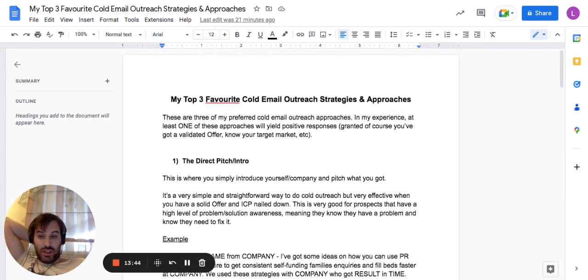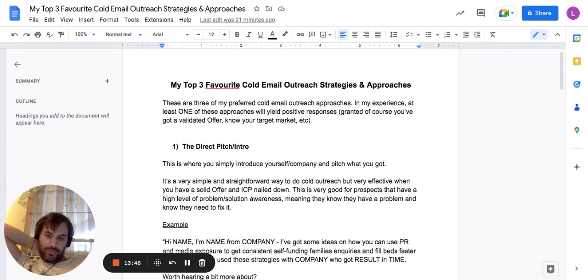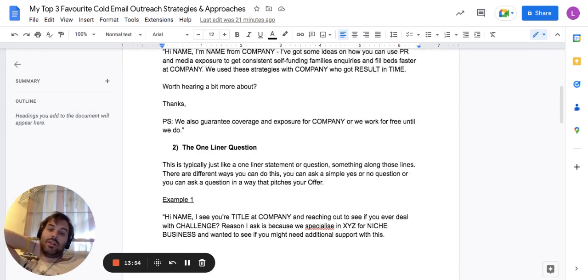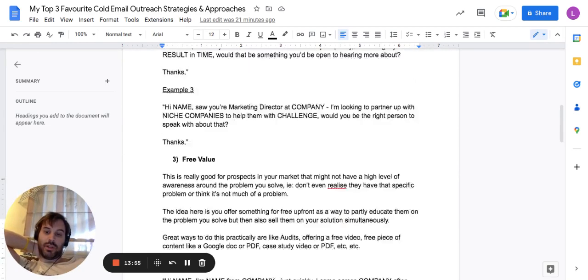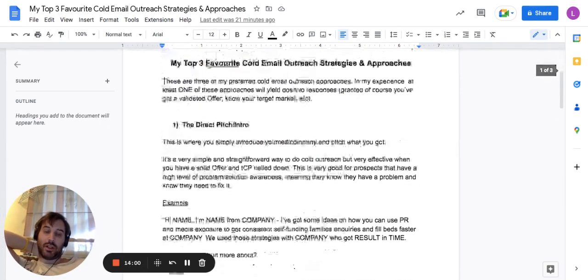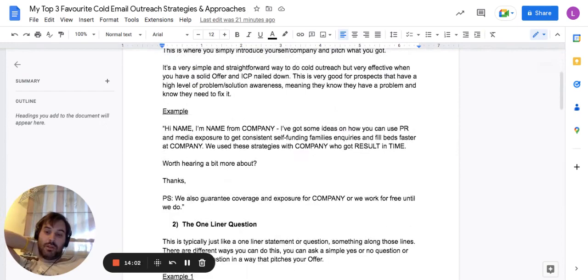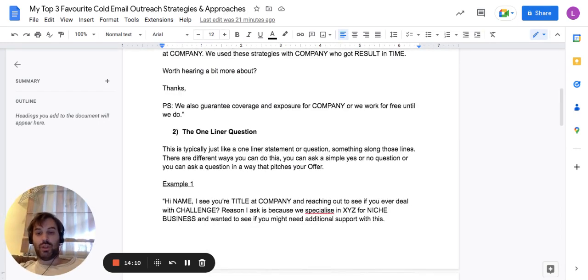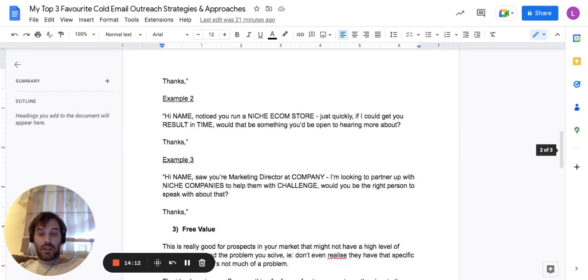Just to give you an example of how I do it. For any brand new client we take on, we create messaging scripts for each of these 3 approaches, and then we just test them at the same time. There have been cases where we might just do the first approach, and then if it's not getting a huge amount of responses, we'll switch to one of the other 2.